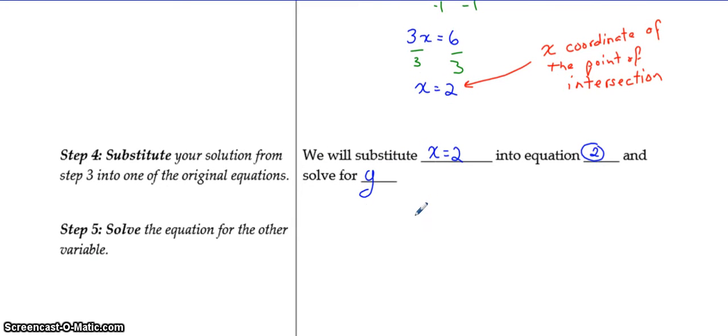So equation 2 was y equals x plus 1. So you're going to substitute that 2 into the x. And 2 plus 1 is 3. So that is now the y-coordinate of the point of intersection.